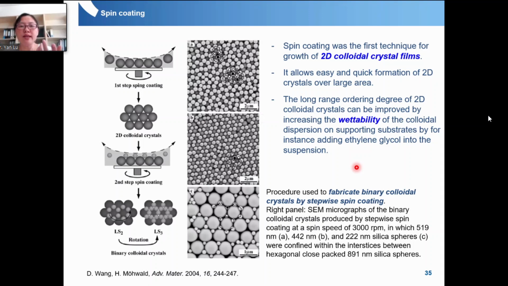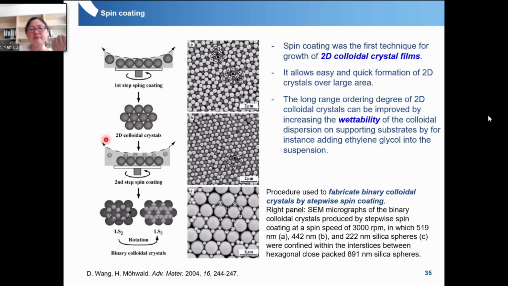So here I give you one example. These authors used two-step spin coating to get a binary colloidal crystal. You see, in the first step, spin coating uses the big particles to form a two-dimensional colloidal crystal.